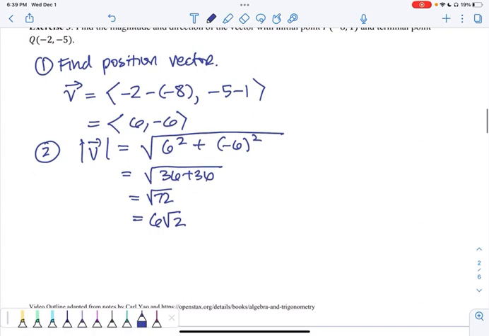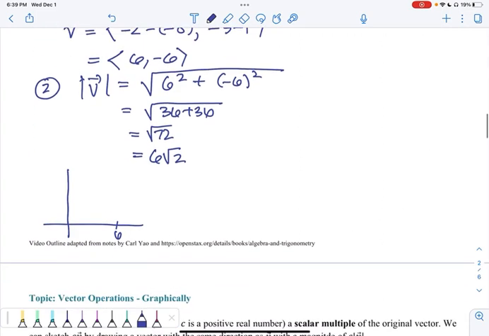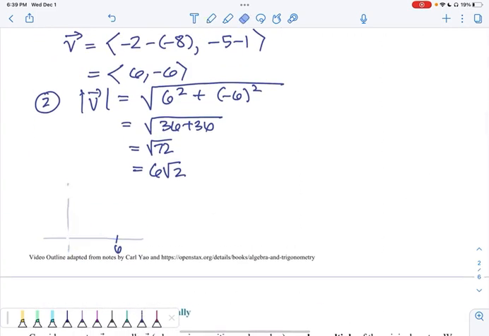And if you could picture this vector, right, like we did that kind of quickly, but the position vector is 6, -6. I guess I need a different quadrant here. So that means that this point is 6, -6, and the vector starts at the origin and then ends at that point.